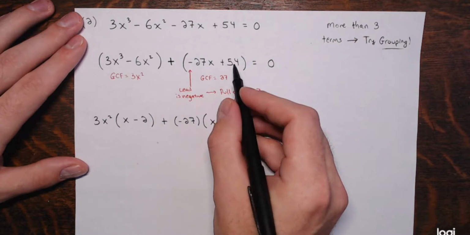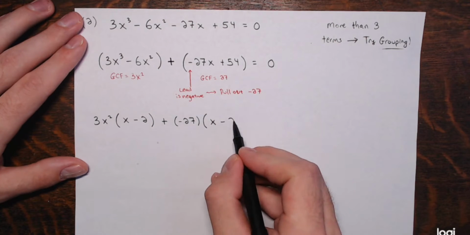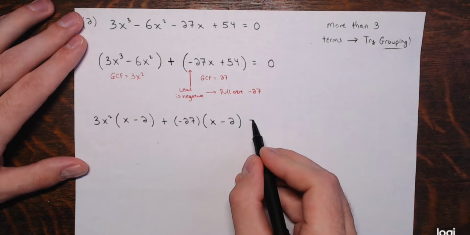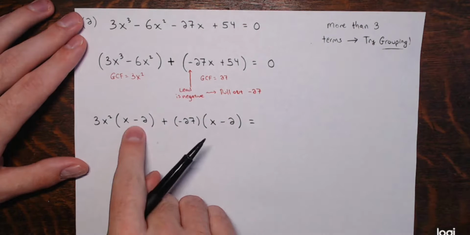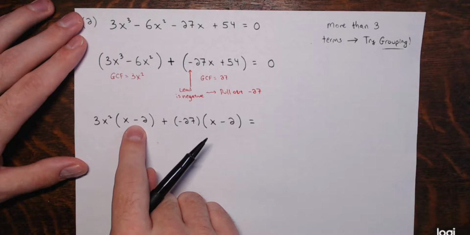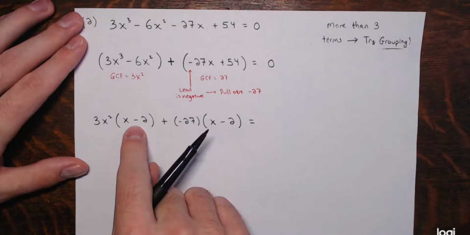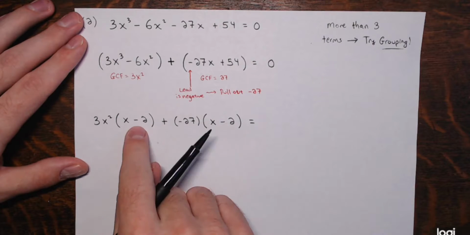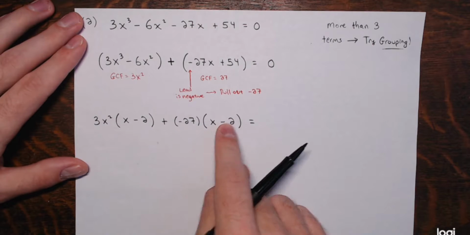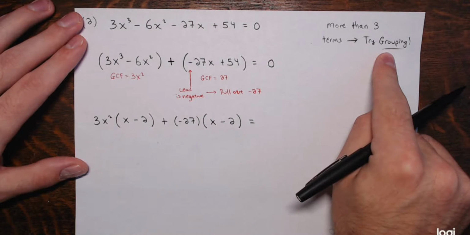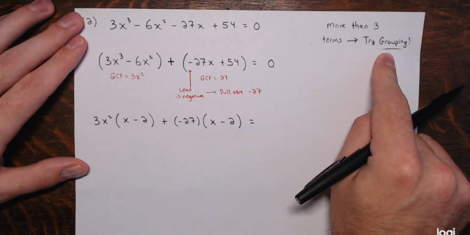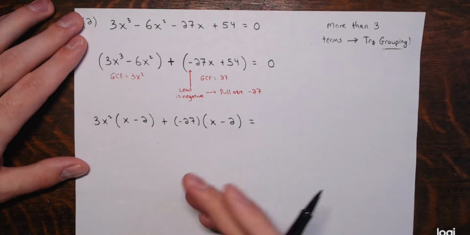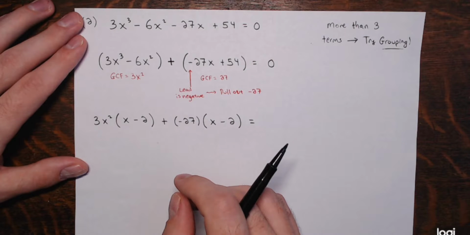Again, divide each of these by negative 27 to see what's left over. And if that factor left over after pulling out the GCF is the same for both groups, which you see here, it was x minus 2, then that means factoring by grouping will work. You can factor the polynomial by grouping. If they're not the same, then you probably have to do something else.